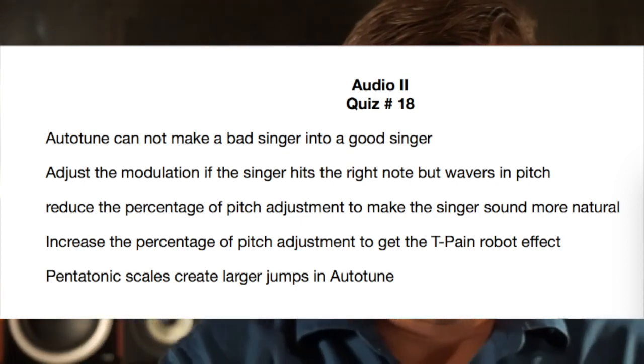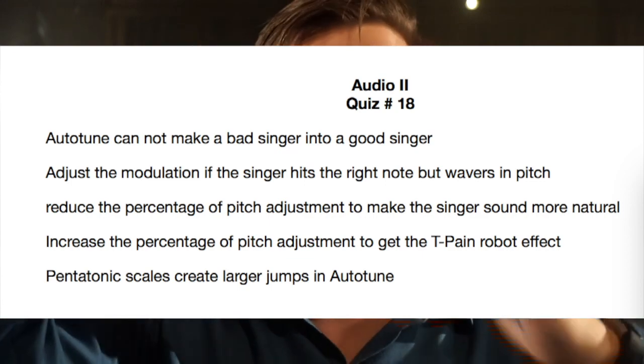Now, if you want the singer to sound more natural, we'll often want to be hiding the fact that we're actually using auto-tune. You've probably seen me go extreme and make sure that we're in the right key, that the singer is getting close enough to the right notes that I want them to hit. But then I will start backing off the percentage of the pitch adjustment.